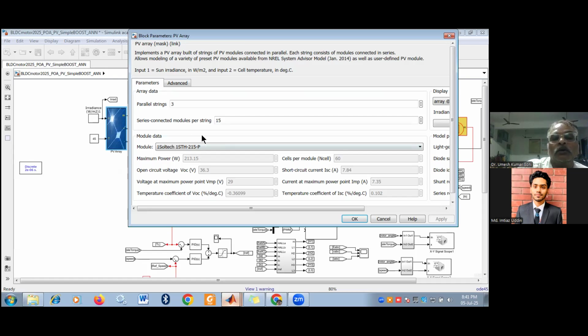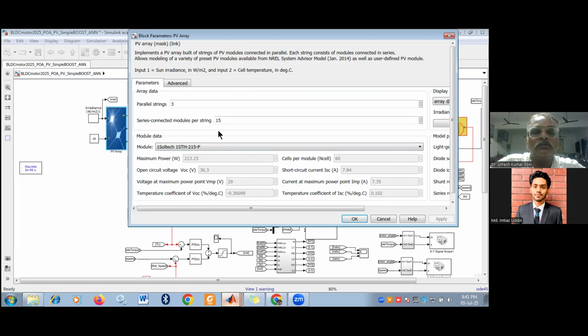In this case, if one module has 213 watt of power, then the total power of the array will be equal to 45 multiplied by 213, so it will be approximately 10,000 watt. And 36 is the open circuit voltage.